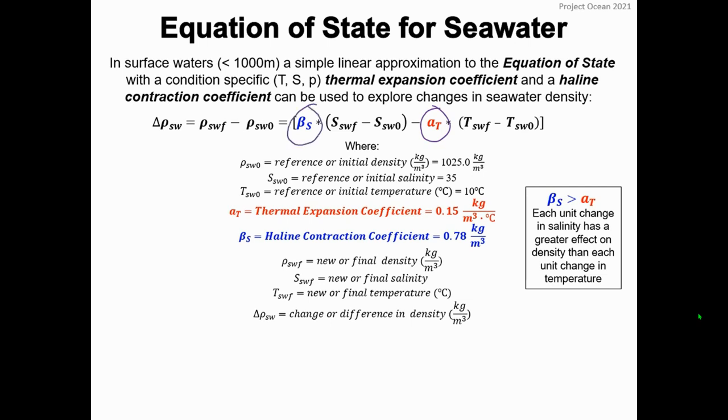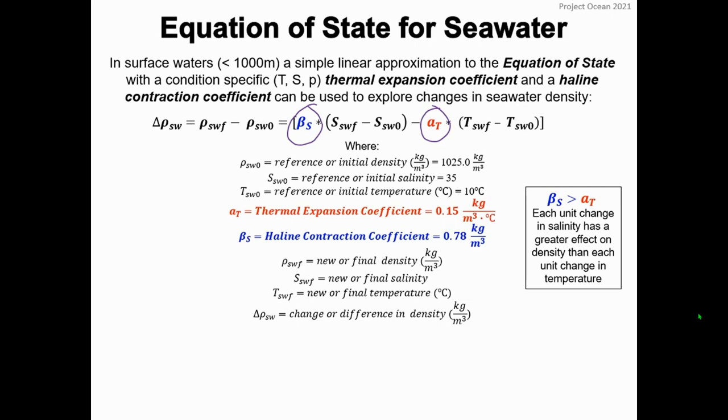In other words, when I see haline, that's halide, that's salt, we're looking at the effects on density due to thermal expansion as one increases temperature, and the effect on density as we add salt and increase density.